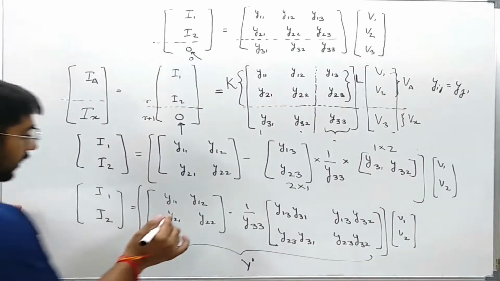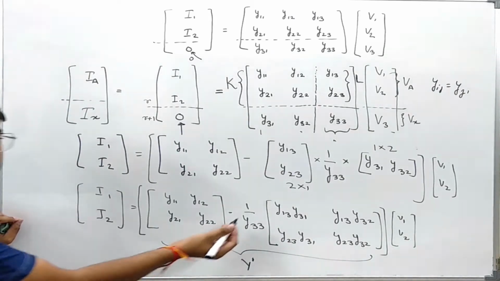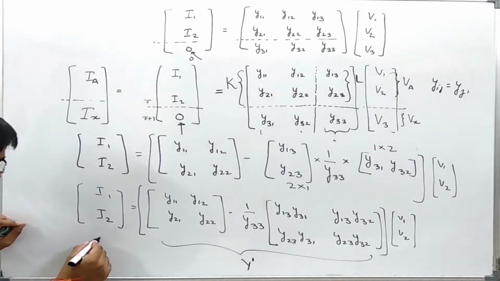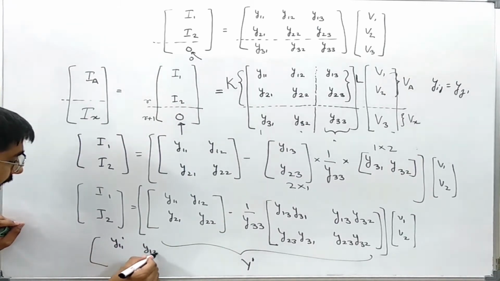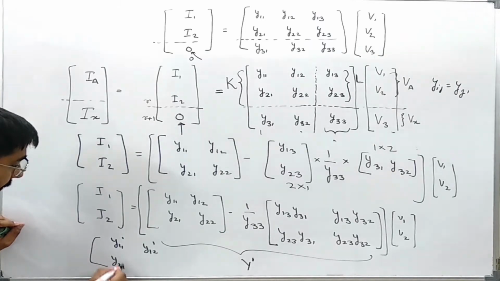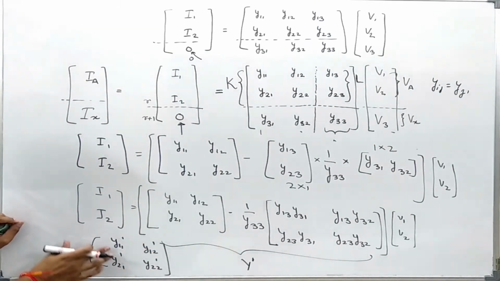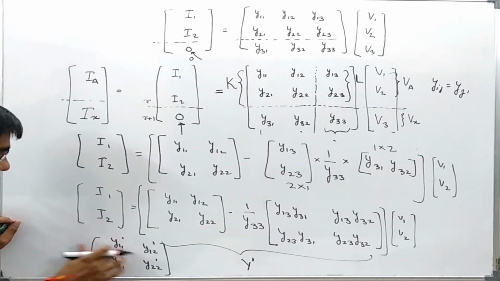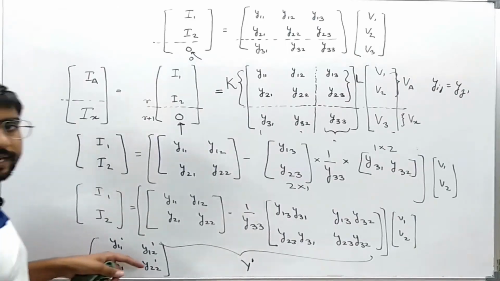Now if I want to write, let us say, y prime as a 2 by 2 matrix, as let us say y11 prime, y12 prime, y21 prime, y22 prime, then the value of these elements can be written through this equation, and we will write that in the next slide.